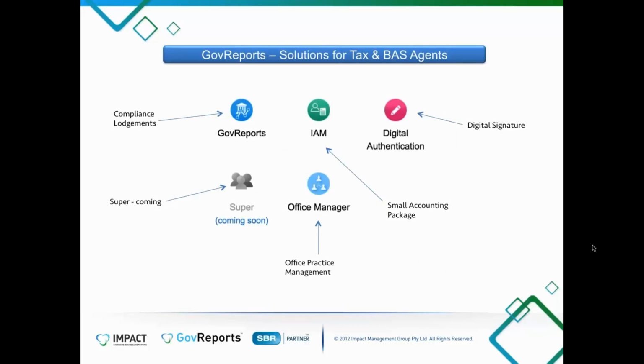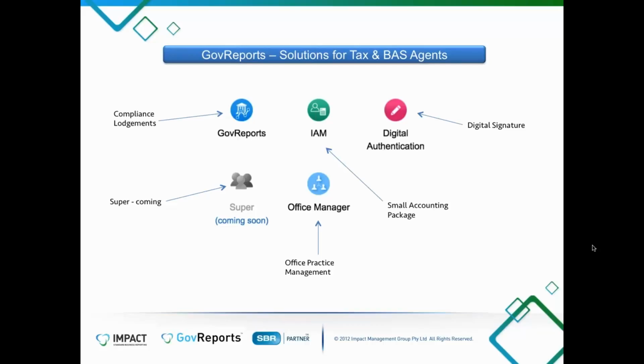As I'm sure you are all aware, there are currently 5 different parts, apps if you like, of GovReports. There's GovReports, which is the compliance part of the software. There is a small accounting package if you ever need one. There's digital authentication, so again for me it's all in the one place.